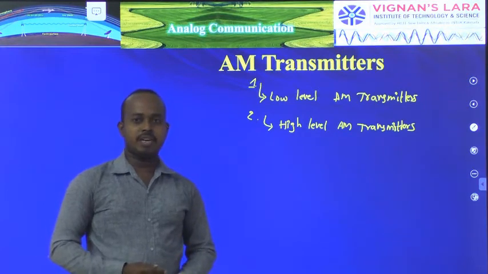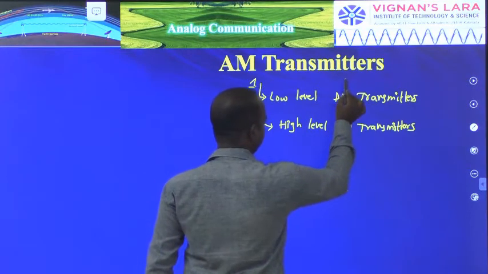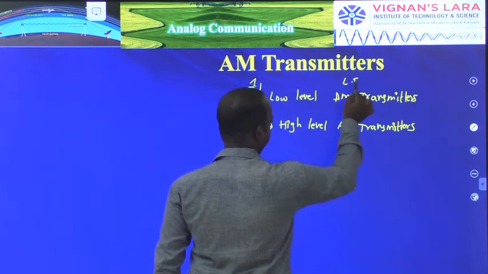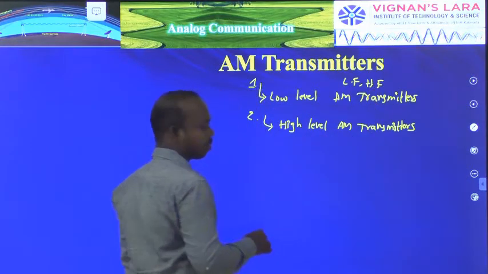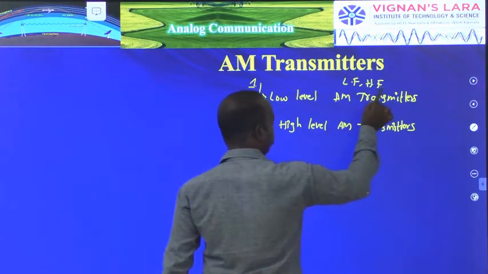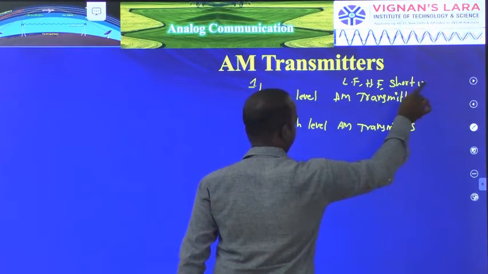Low level AM transmitters are mainly used for low frequency and high frequency, and also for short wave communication.